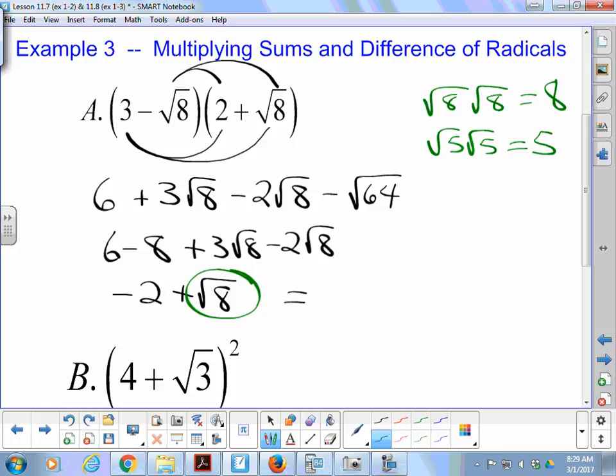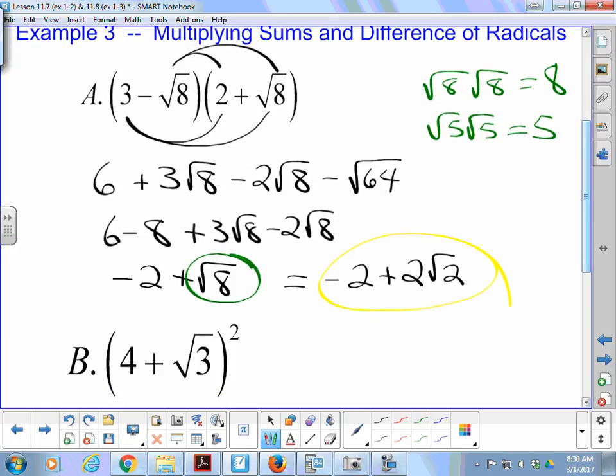So my answer here is negative 2 plus 2 square roots of 2. In those situations, if you've got the simple ones memorized, you don't need to show me any work for those. Square root of 4, square root of 8, square root of 12, square root of 24, those are all ones that we see a lot. So if you know it in your head, write it down.